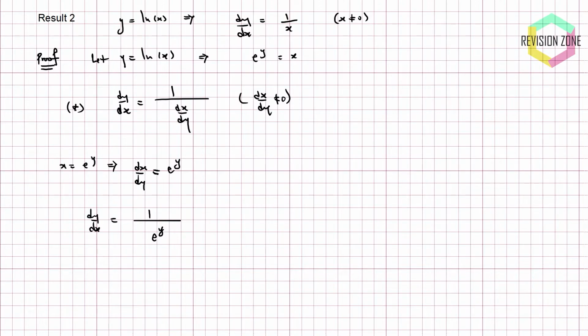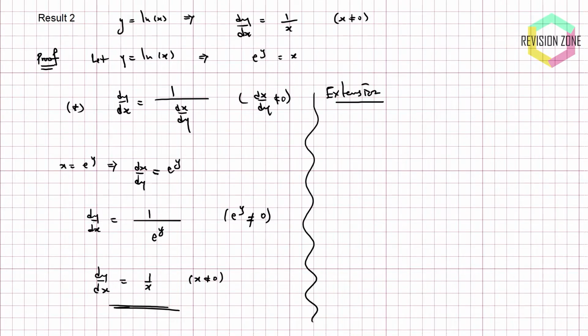Okay, so we've basically worked out the derivative. The problem is we want to write our derivative explicitly as a function of x. We know what e to the y is. It's just x. So e to the y can be replaced directly by x, and I can say that dy by dx is 1 over x. And of course, x better not be 0.